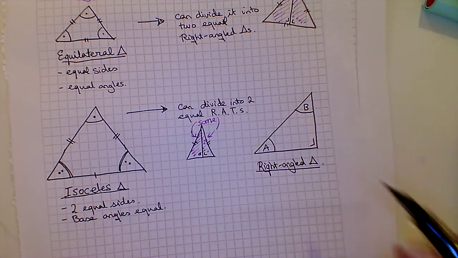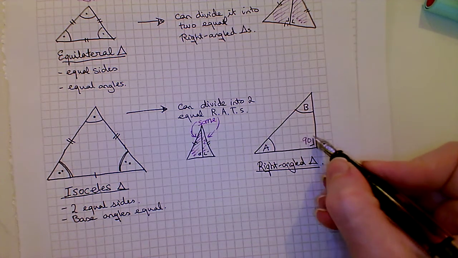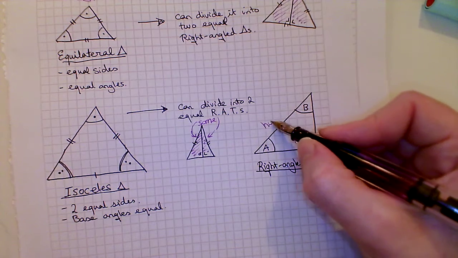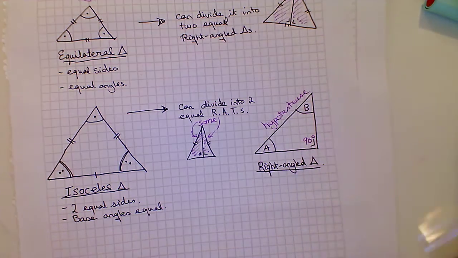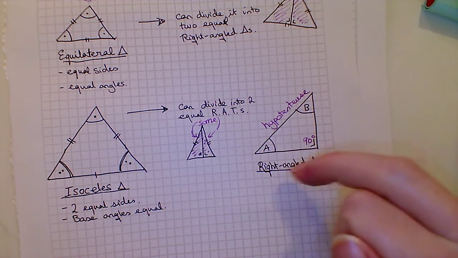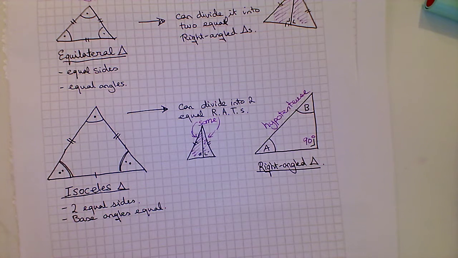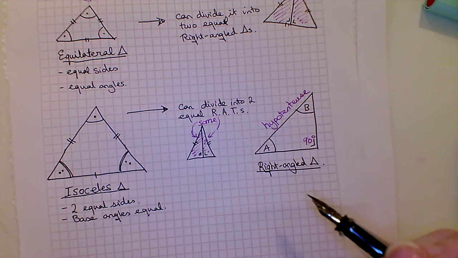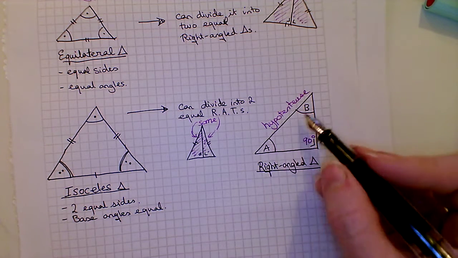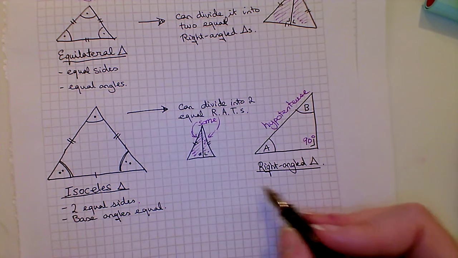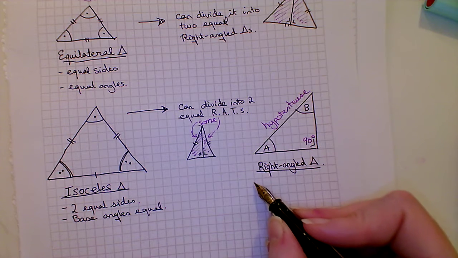And so called because it has a 90-degree angle in it. The longest side across from the right angle is called the hypotenuse. And in English, we don't use a name for the other two sides. They do have a name, they're called cathetos, but we never use that, so we just call them the other two sides.